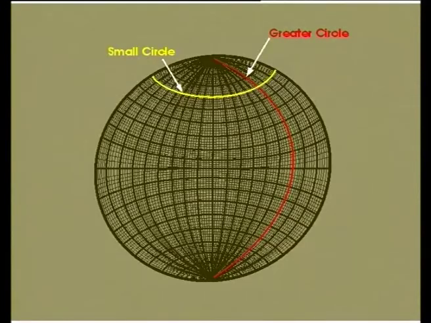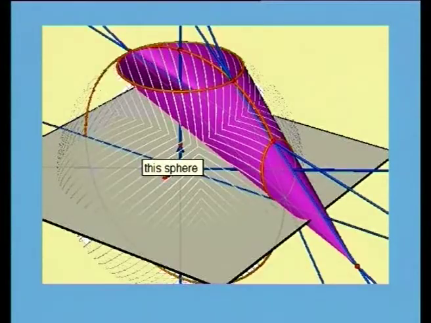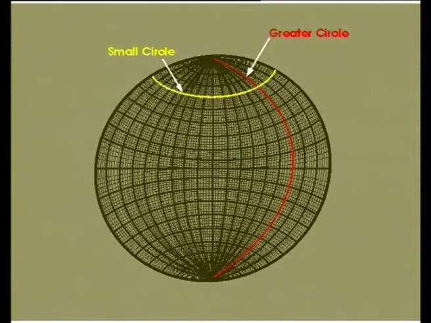As planes are represented by great circles on the stereographic projections, cones will be represented as small circles. Let us imagine a series of straight lines passing through the center and making a fixed angle with the horizontal line at the northern end and at the southern end of the sphere.